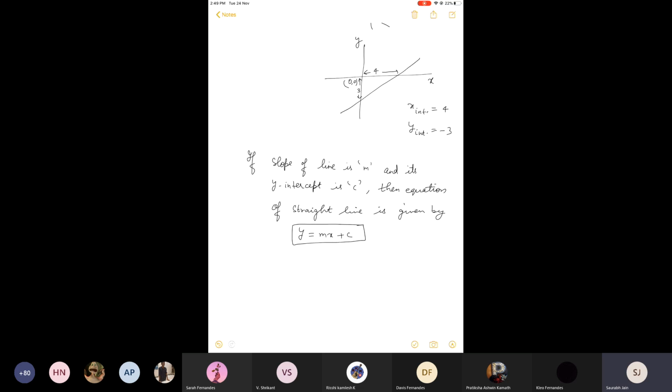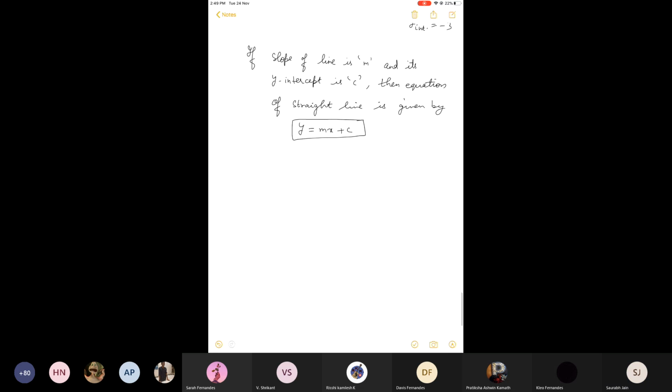Let us take a question. Find equation of line for which tan theta is half, where theta is inclination.